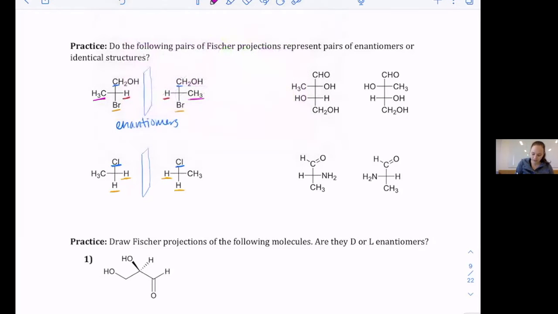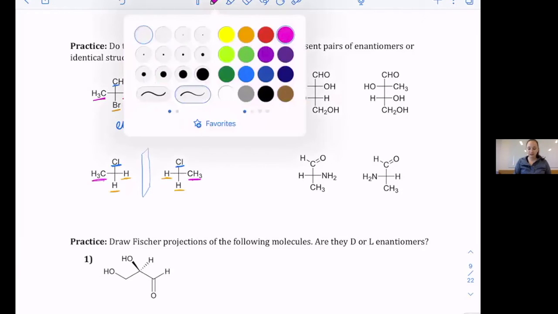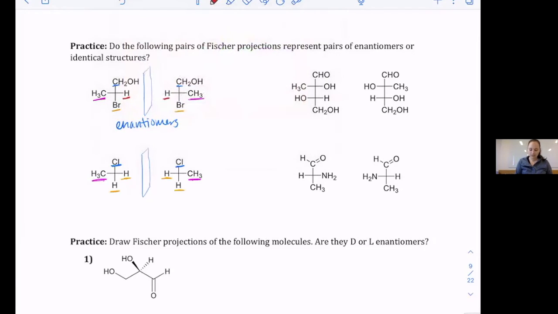So even though these methyl groups are exactly the same, this is a mirror image of each other. However, these are now going to be superimposable because they have 2 groups that are the same. So these are going to be identical.